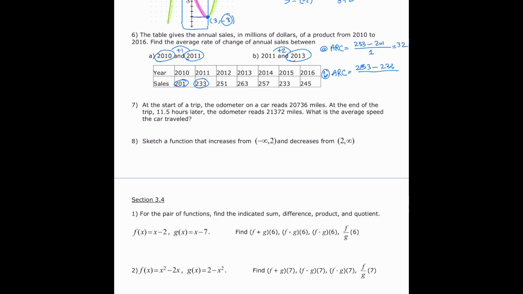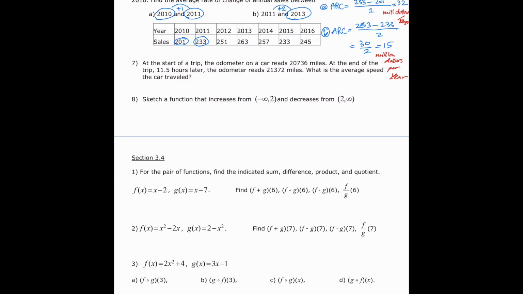So 30 over 2 is going to give me 15. And I forgot to put the unit here. The unit is going to be, of course, $1 million per year. Same here, $15 million per year.